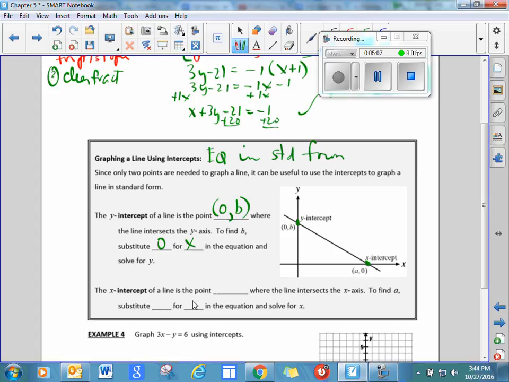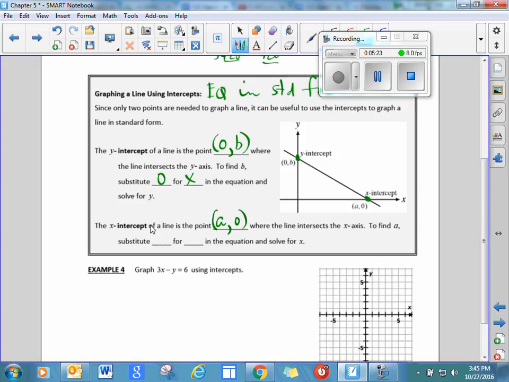Then the x-intercept is the point, you go over A, but up or down 0, where the line intersects the x-axis. So to find A, you are going to substitute 0 for y and solve for x. So let me show you what this looks like.